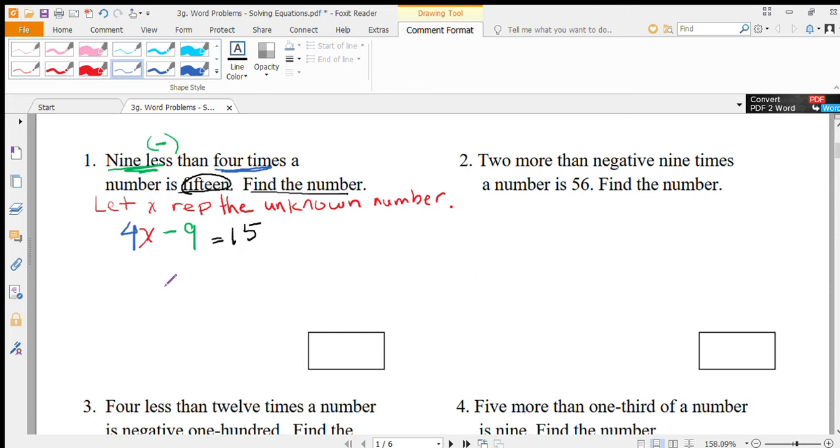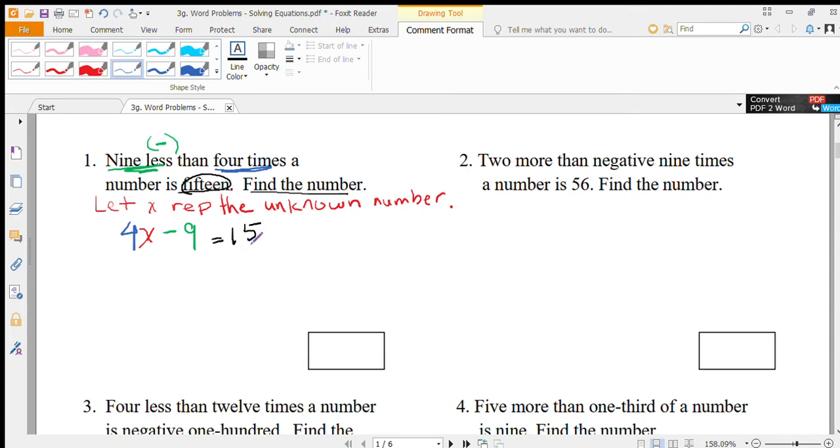Now for x, we're going to, again, collect like terms. Now I see an x here. Do I see an x anywhere else? No. So what I'm going to do is take a look at that constant 9. Do I see a number anywhere else? Just a number, yeah, over here at 15.